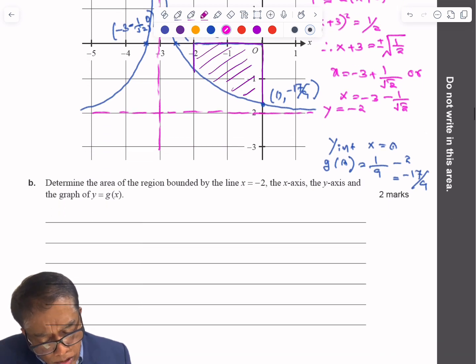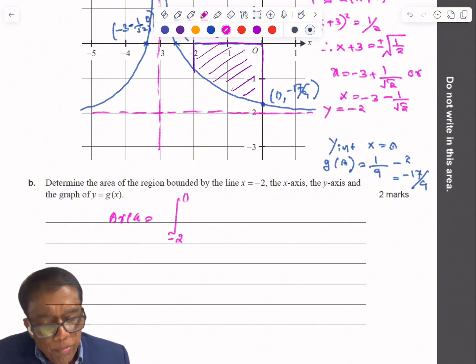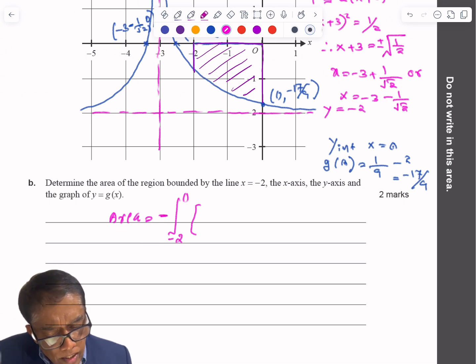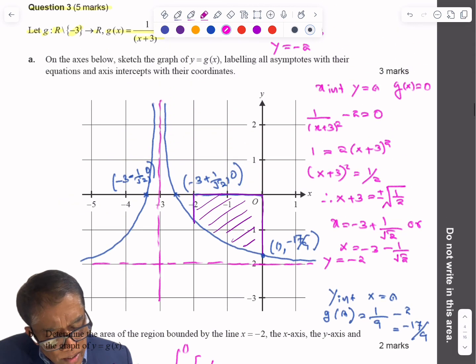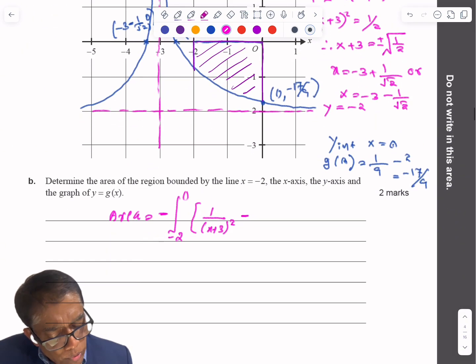Area is equal to the integral from negative 2 to 0. We have to use a negative sign because it is under the x-axis. Negative of 1 over (x plus 3) squared minus 2 dx.